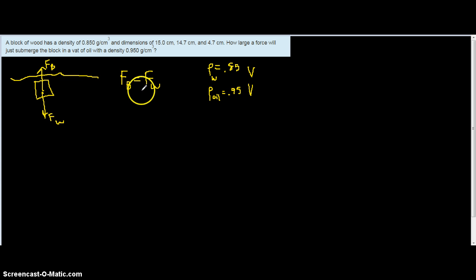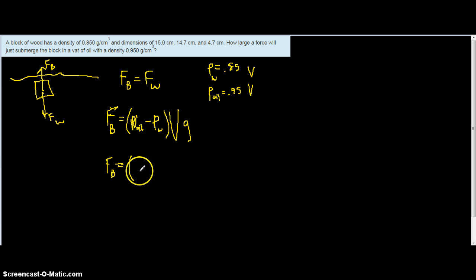And then if we use equations that we have been given: buoyant force equals the density of the oil minus the density of the wood, times the volume, times g. This problem we just plug right into what we're given.